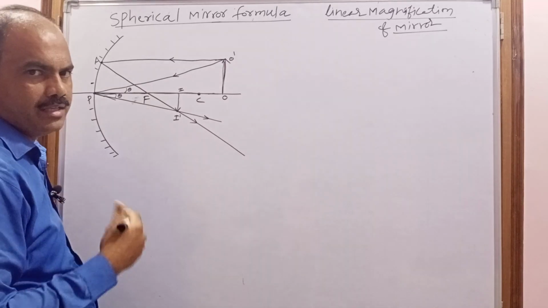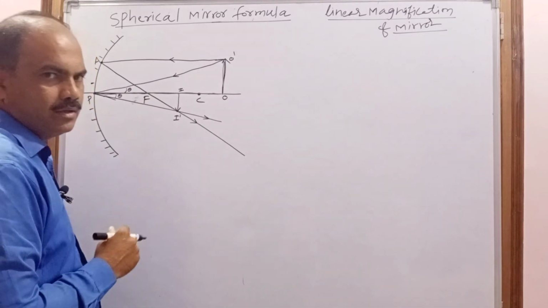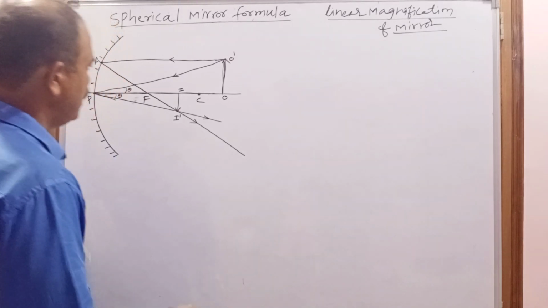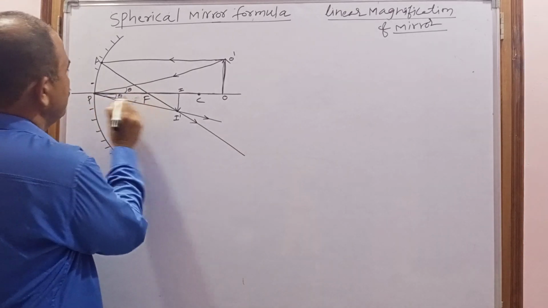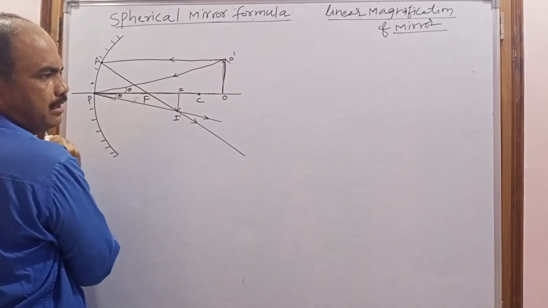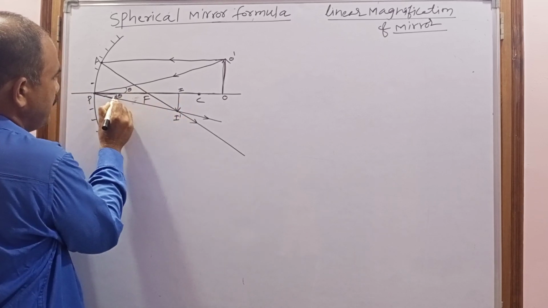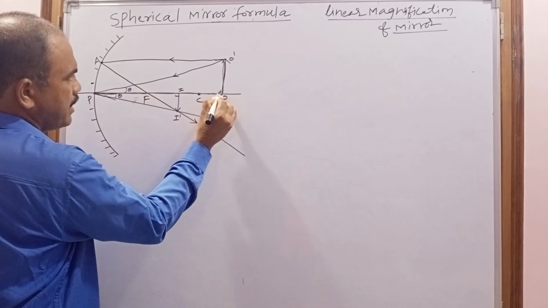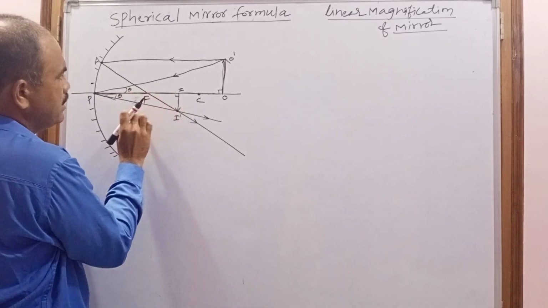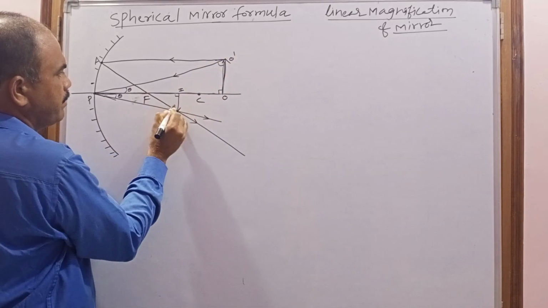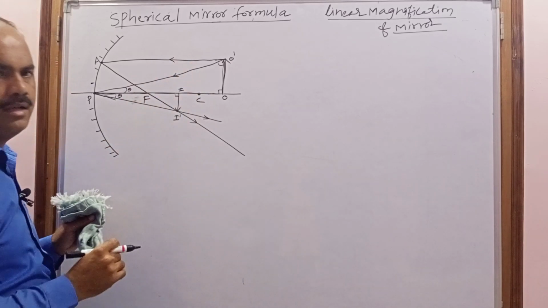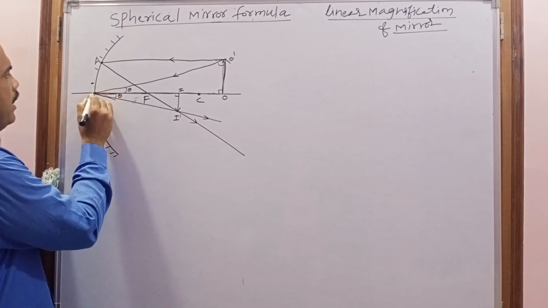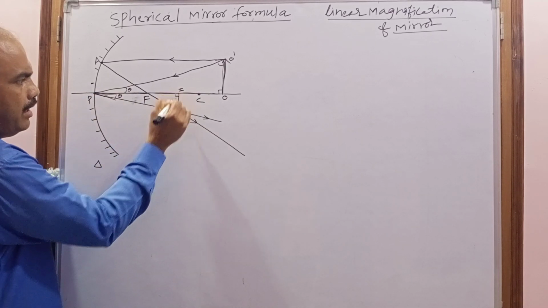Two triangles are similar if all three angles of the two triangles are the same. In triangle PO dash this angle is theta, and in the next triangle PI dash this angle is also theta. Both are right angle triangles, here the angle is 90 degrees and here it is also 90 degrees. When two angles are the same, the third angles also become the same. That's why these two triangles are similar triangles. So what are the two similar triangles? The first one is triangle, what is the name? PII dash or II dash P.